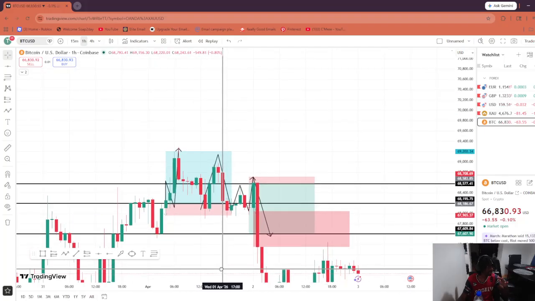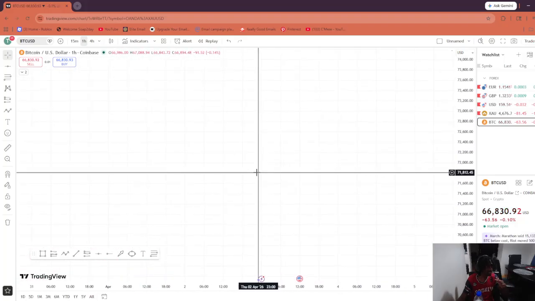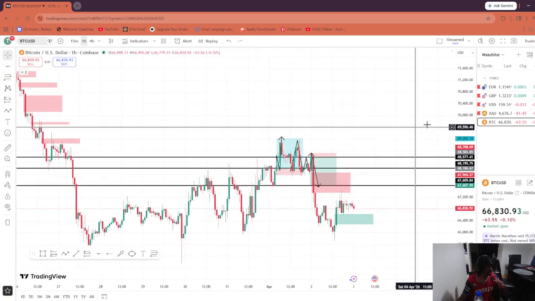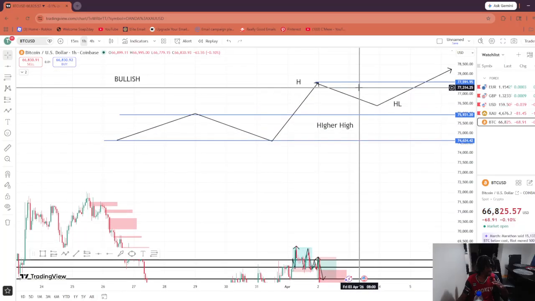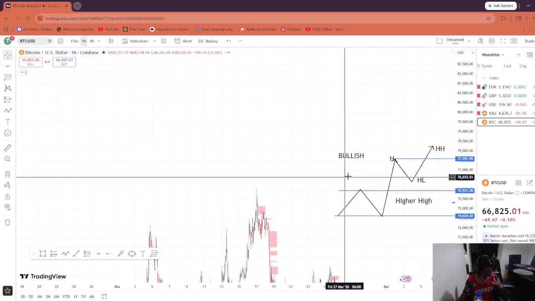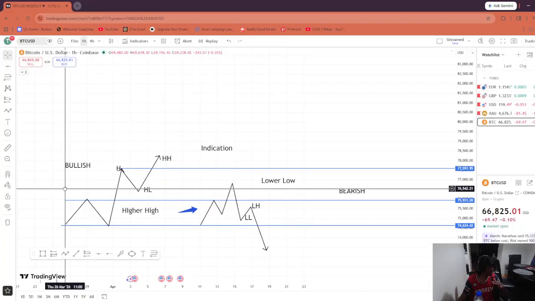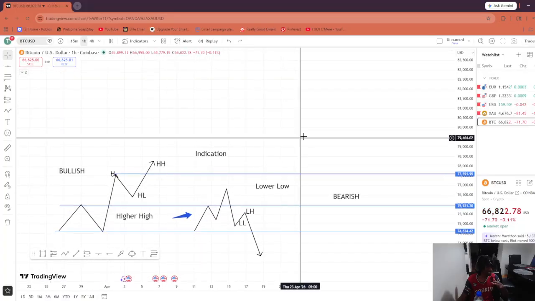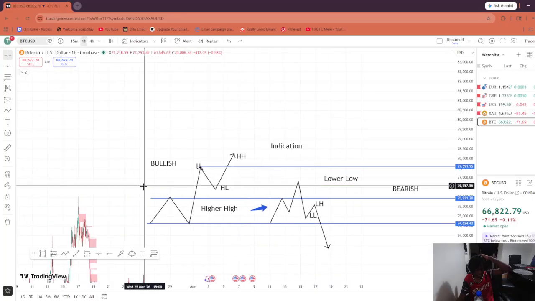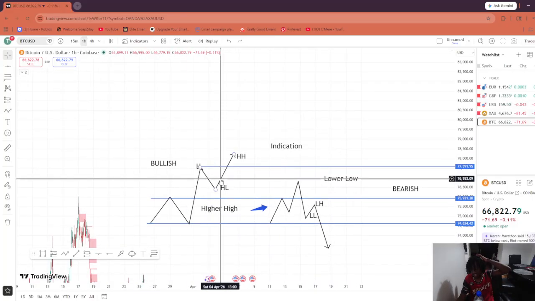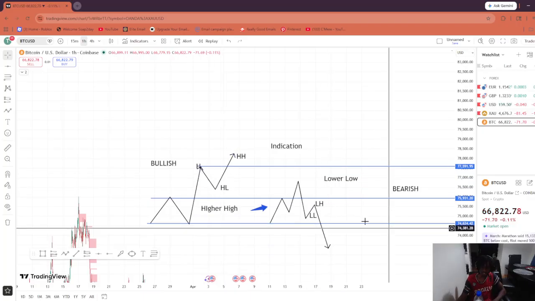Yes, this is how we look at price. This is how we'll want it to move for us. So this is indication. This is an indication on a higher trend, and this is an indication on a bearish trend.